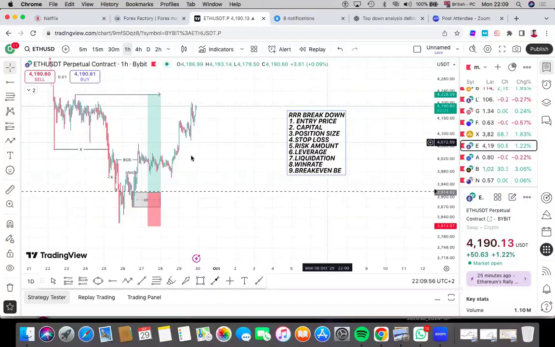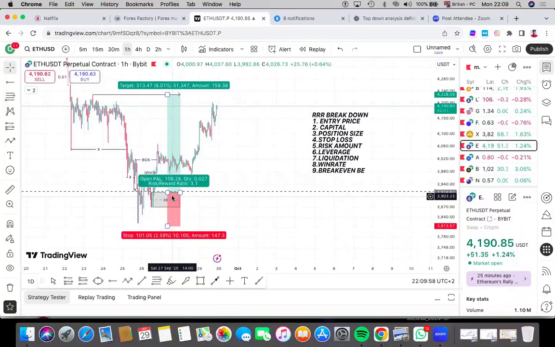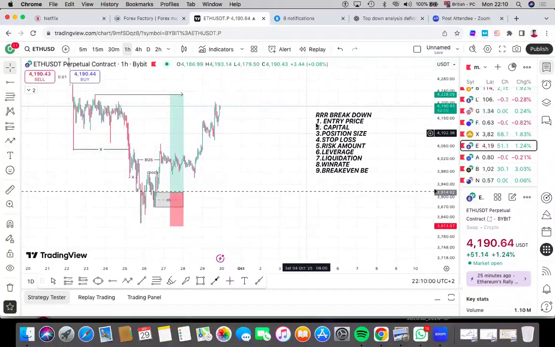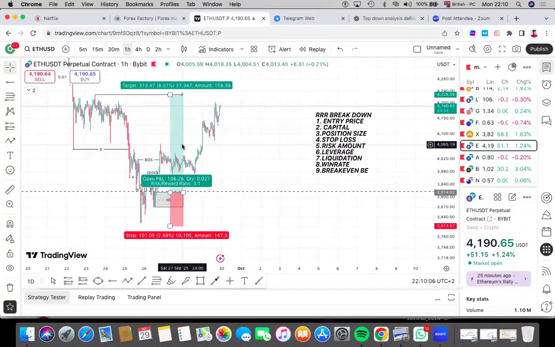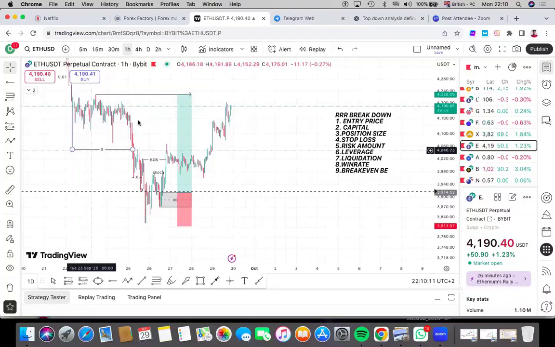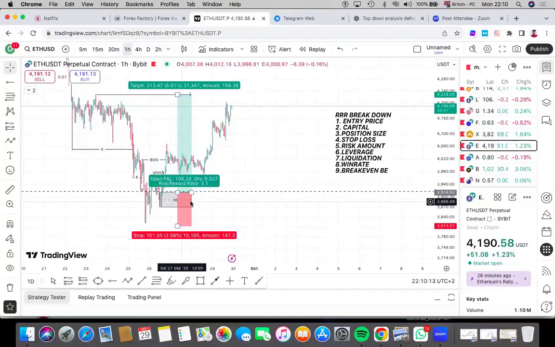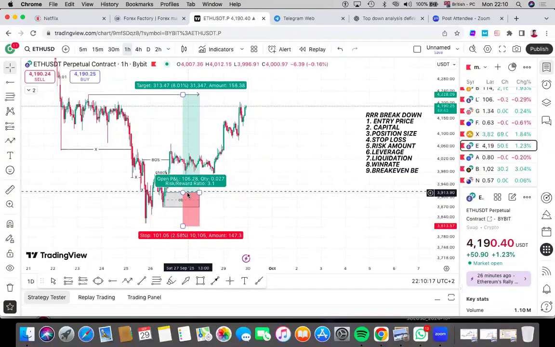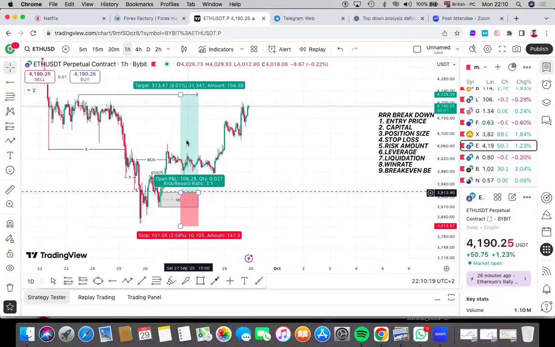So for example, let's be more practical on how you can use all of these things, even just looking at this setup here. I have an analysis here, which has 1:3.